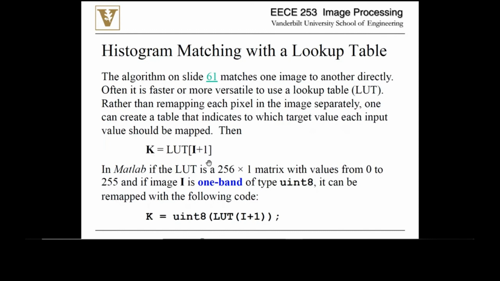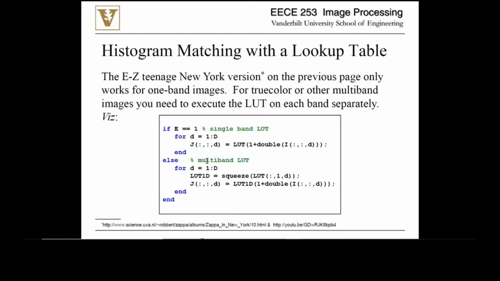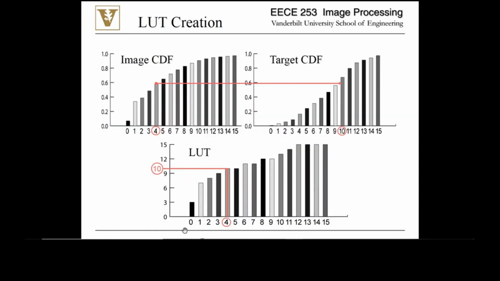And this +1 is just a reminder that the first index in MATLAB is index 1, while we can have colors of value 0. And here is just another MATLAB code for doing this. But this is the transformation, the lookup table.